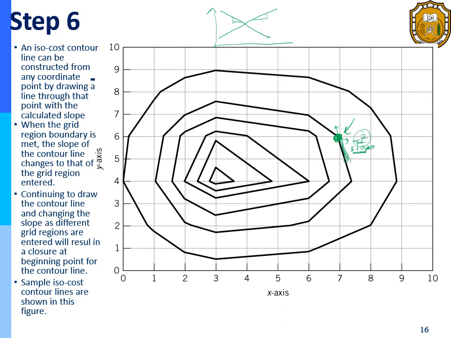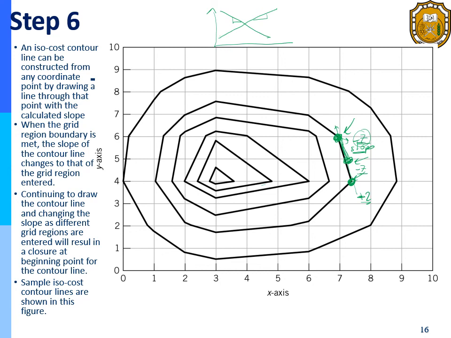And then identify the next point, the next coordinate where this line intersects with the border of the grid. Assume it is this one. Actually, it is this one. It means that from this grid, which has a slope of -7, I'm entering this grid, and let's say it has a +2 slope.